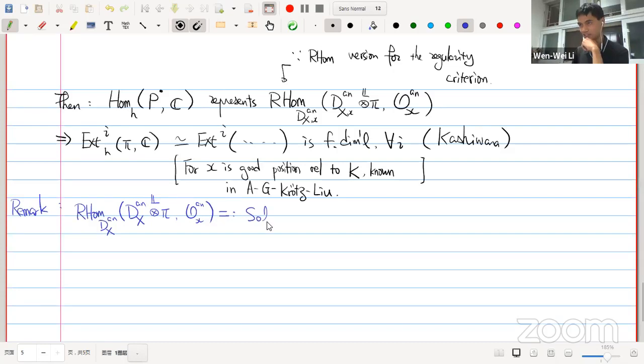In Kashiwara's works, this is denoted as Sol, meaning a solution complex, because in degree 0 cohomology it gives you the analytic solutions of the differential system.